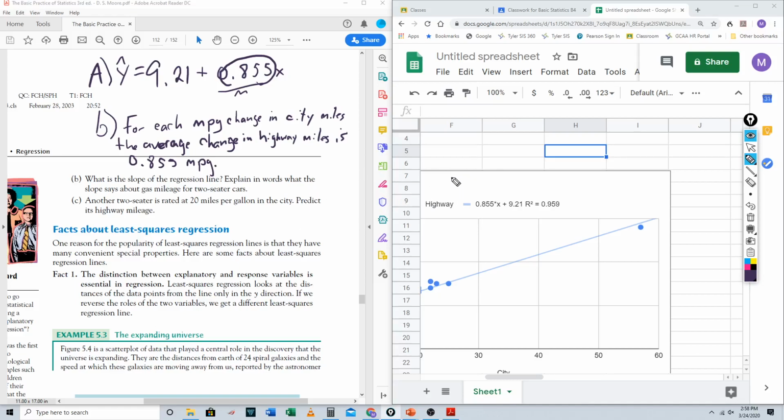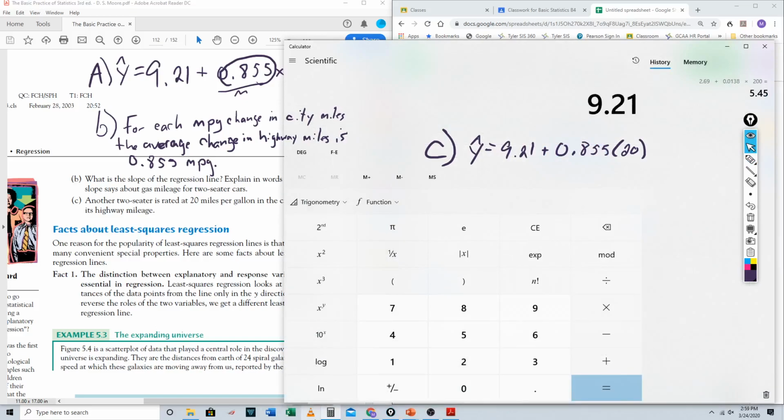And then for part C, we'll do it over here so we can see everything. So part C, they want us to plug in 20 miles into the equation. So y hat is equal to 9.21 plus 0.855 times 20. All right, so I'm gonna plug that in the calculator. 9.21 plus 0.855 times 20 is 26.31.